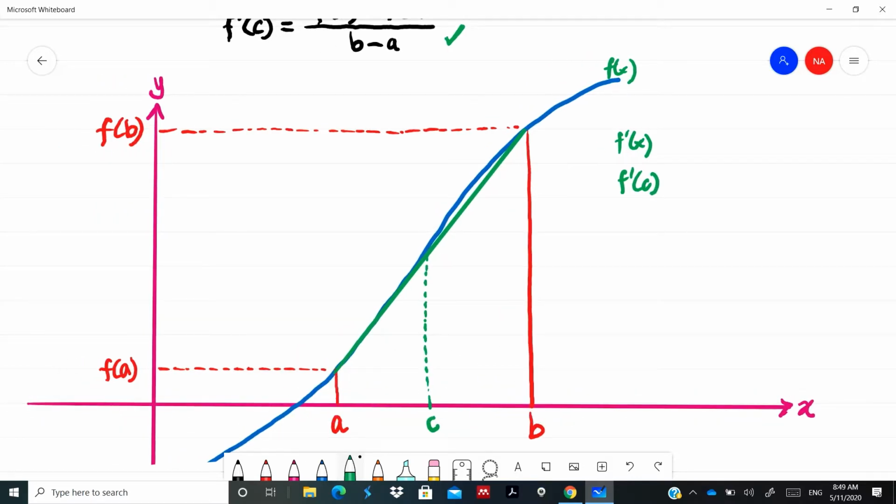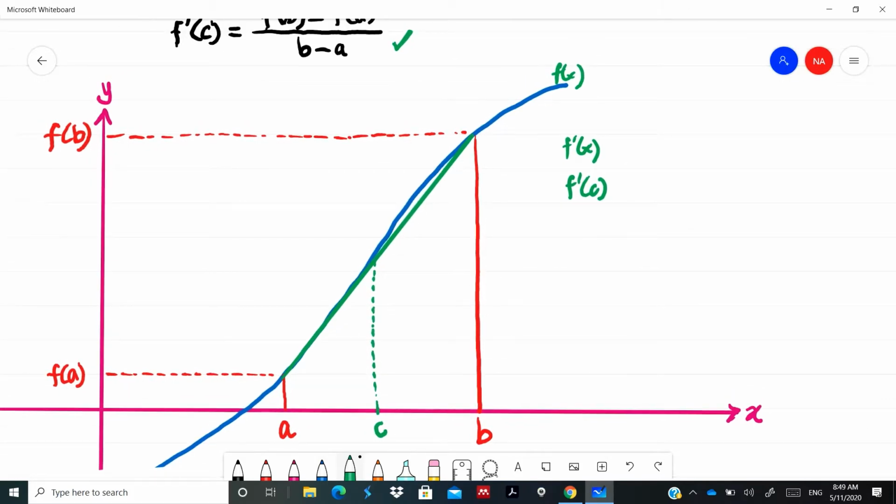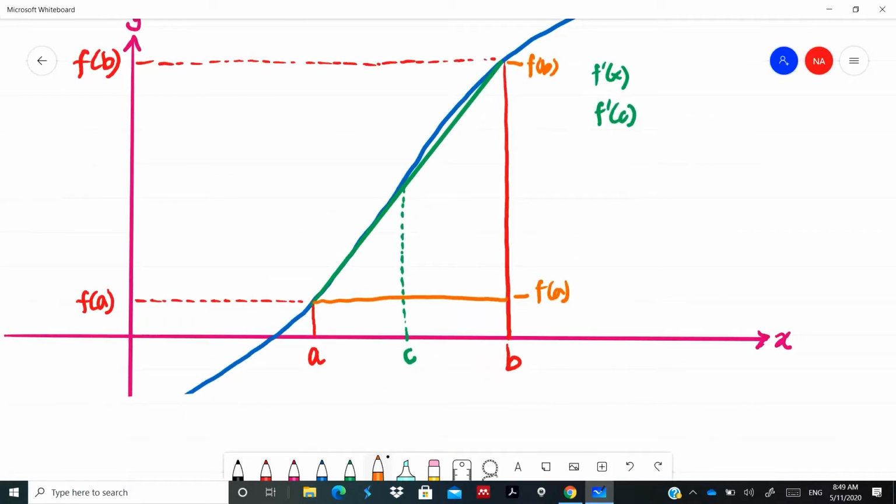So this is the tangent line here, and f prime of c is given by this gradient. If we draw that green line, it forms a kind of triangle, so we can find y2 minus y1, which is f(b) minus f(a), divided by b minus a.